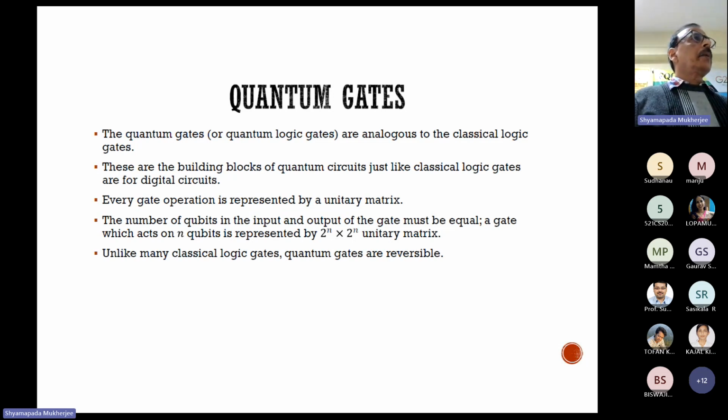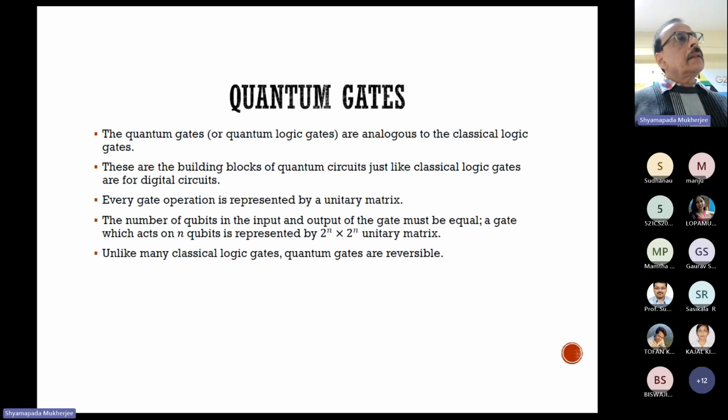Then I have a theorem called the Church-Turing thesis. What is the Church-Turing thesis? It says that all the functions which are computable in the Turing machine are also computable by any classical computer.